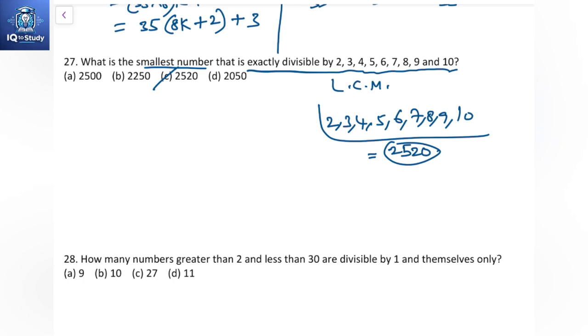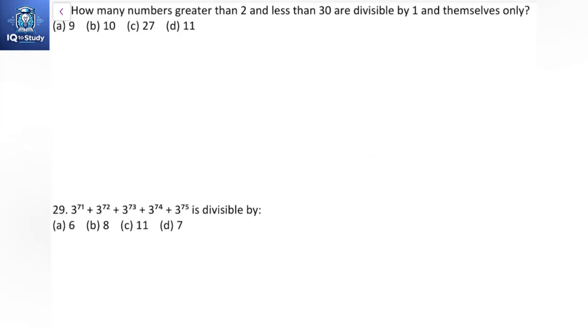How many numbers greater than 2 and less than 30 are divisible by 1 and themselves only? Divisible by 1 and themselves means prime number.